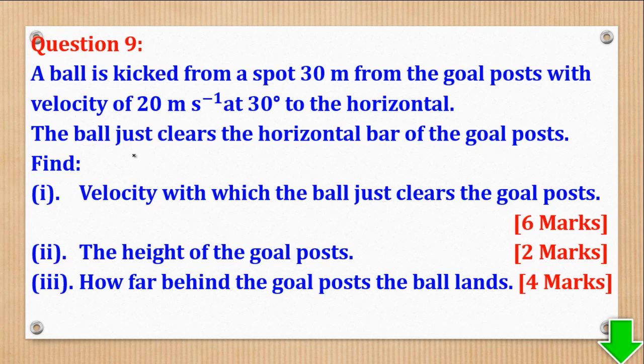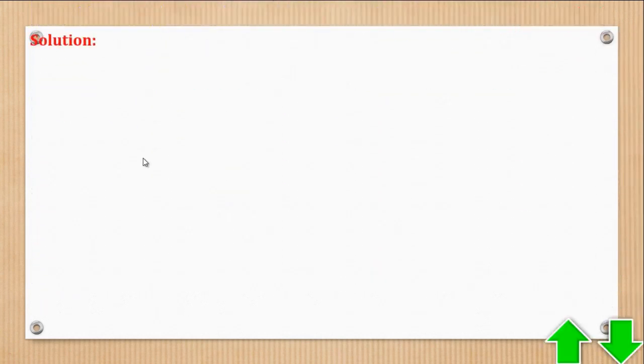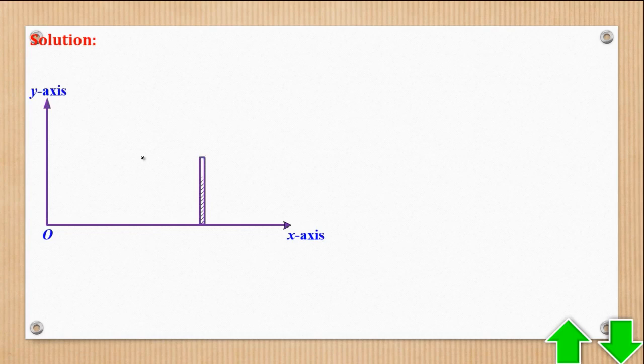So the word just clears means in football it is called brushes. So it just passes exactly at the top of the goalpost. So we shall first illustrate with a diagram. So that is the goalpost. Let the height be y, and they told us it is 30 meters from the starting point.